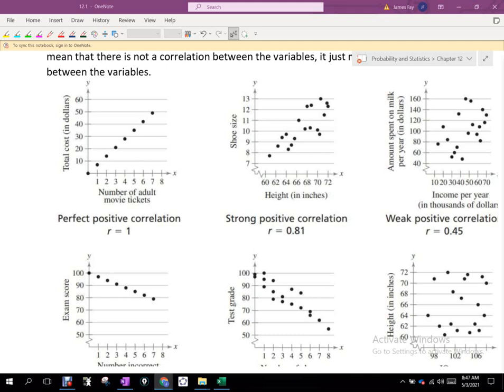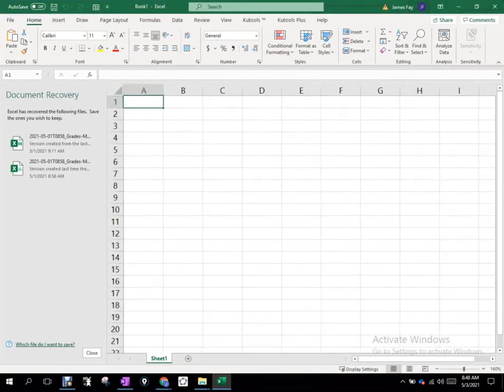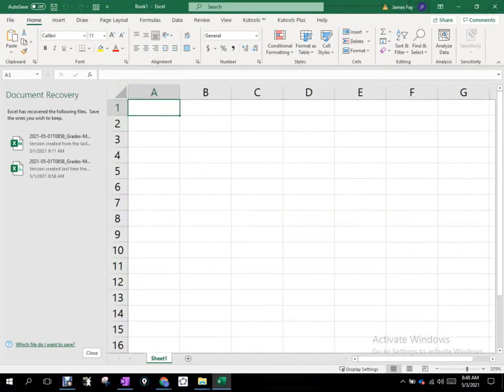Okay, so if you guys want to open Excel, I'm going to type in some headers here. I'm going to say age, and then I'm going to say vocabulary size.